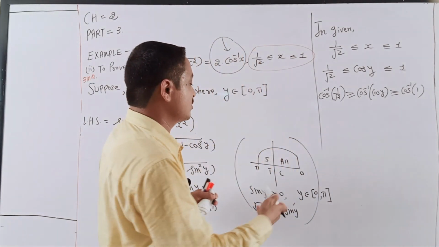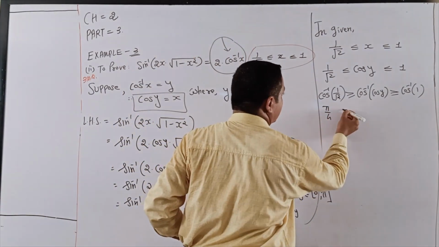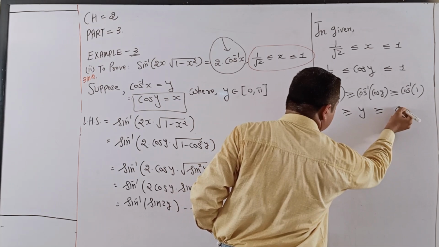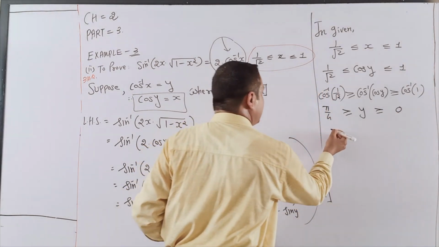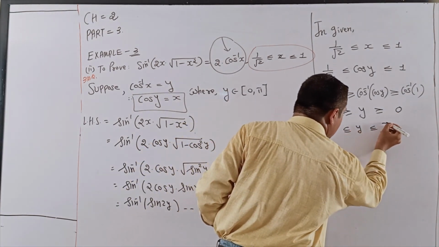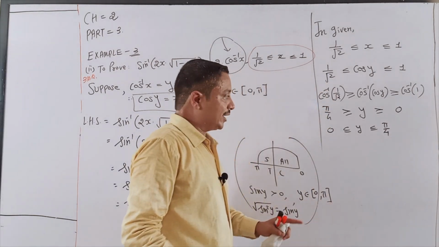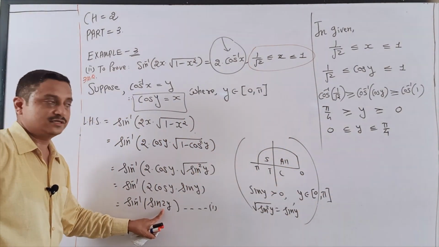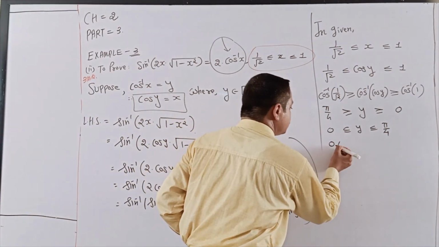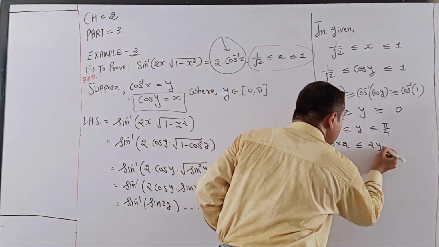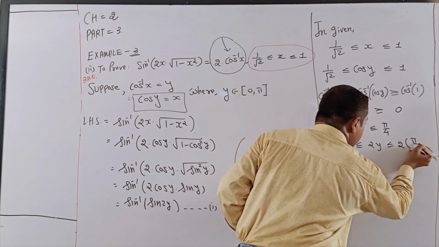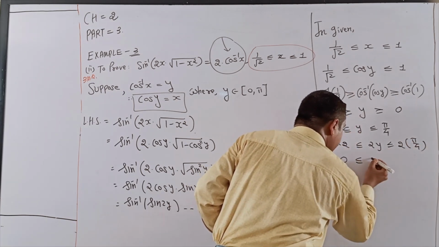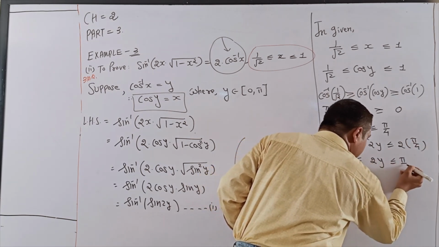Yes, it is 45 degree. Here y, and when cos is 1, y is 0. So the inequality is rearranged: 0 to pi by 4. Look at this y. I want 2y, so multiply each term by 2. So 0 less than 2y less than pi by 2.